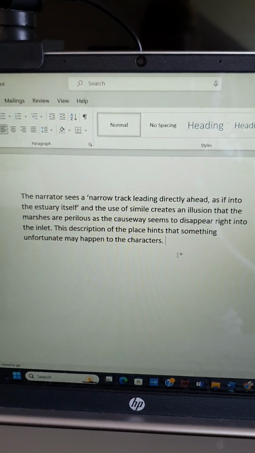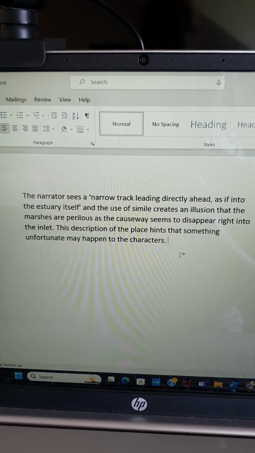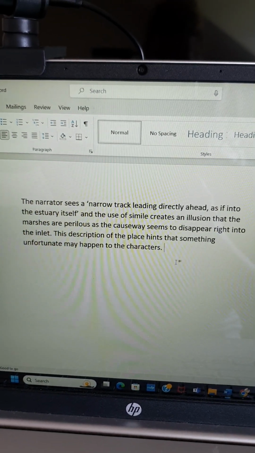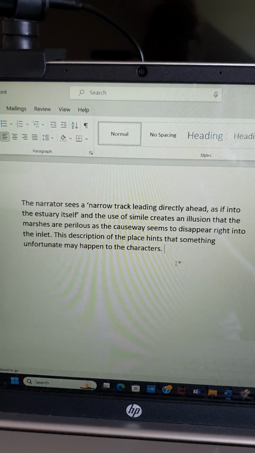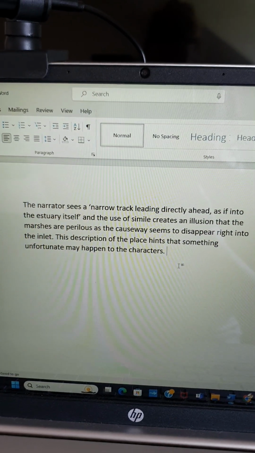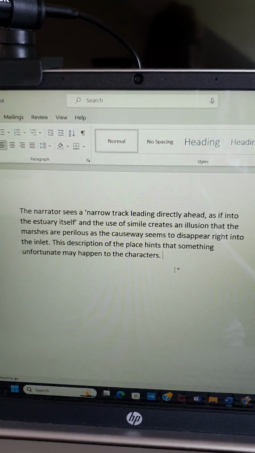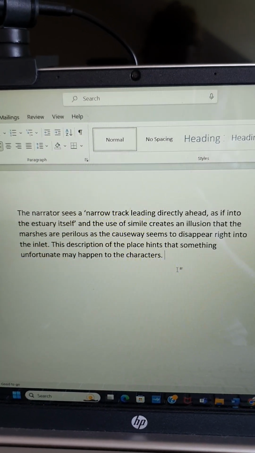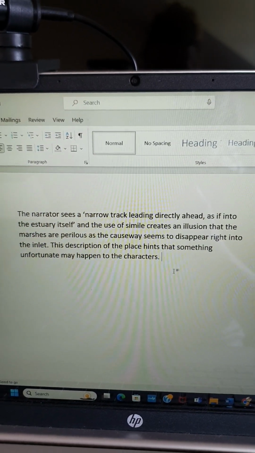So I've identified the literary technique that's been used, and that is the simile. Then I've concluded with the D stage of PED, and I've said that the description of the place hints that something unfortunate may happen to the characters. So I've analysed the effect of the impression that we get of Eel Marsh on the characters.